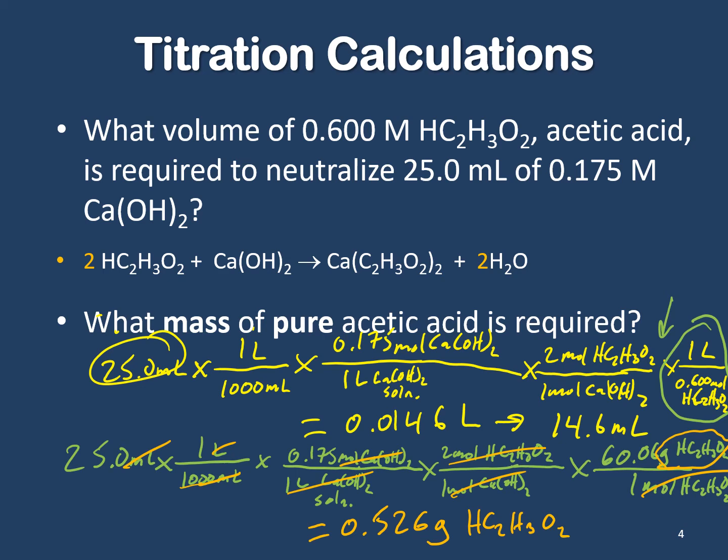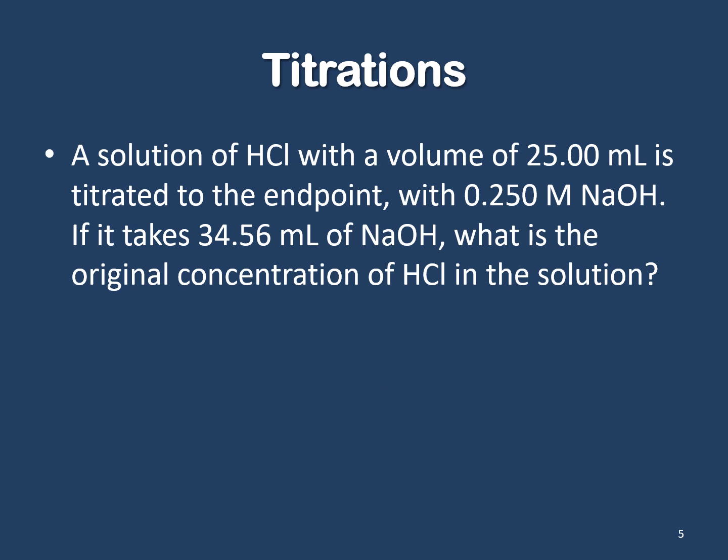Okay, so let's do one last example. This is more commonly what we see for titration problems where we're trying to determine an unknown concentration, right? So a solution of HCl with a volume of 25 mL is titrated to the endpoint with 0.25 molar sodium hydroxide. It takes 34.56 milliliters of sodium hydroxide.